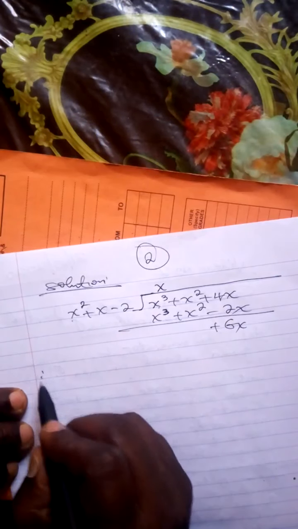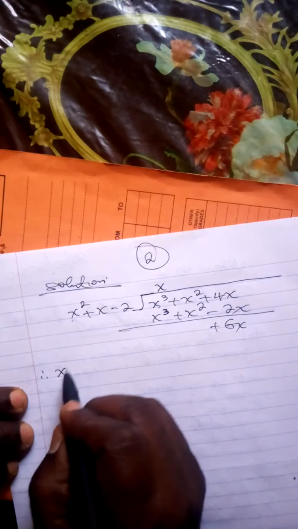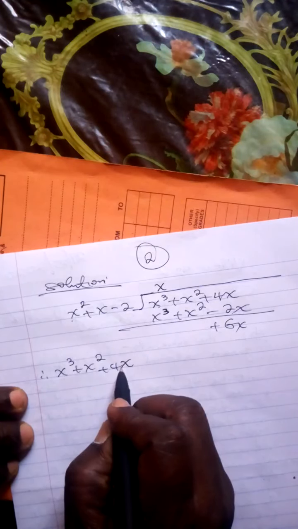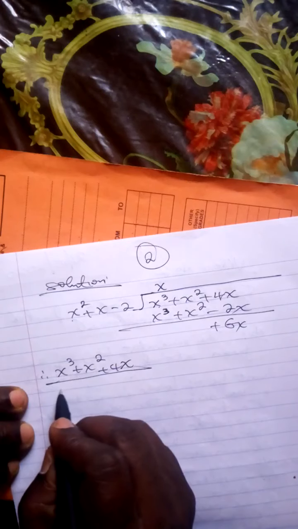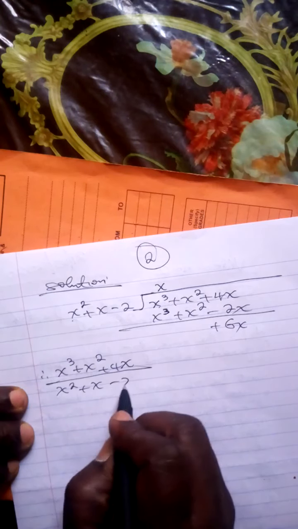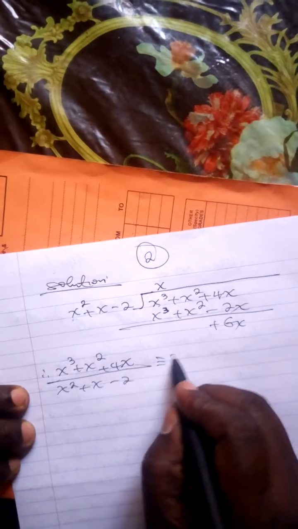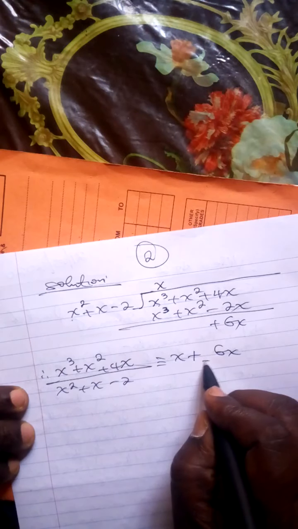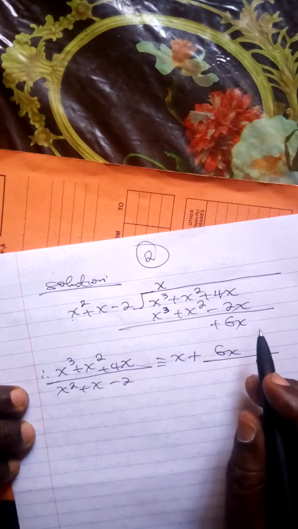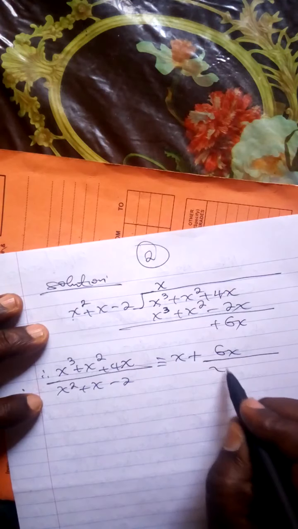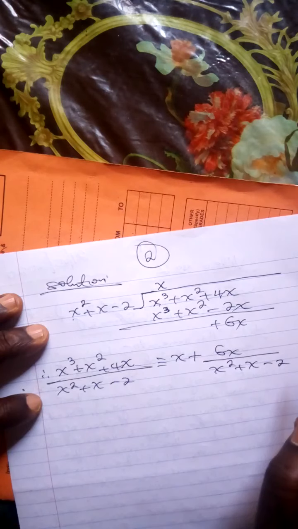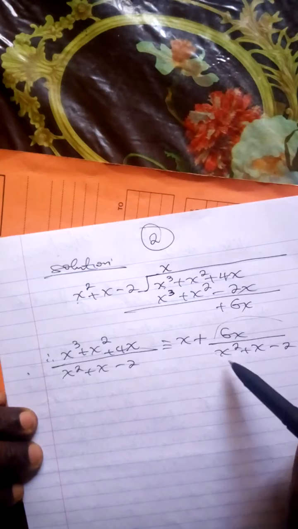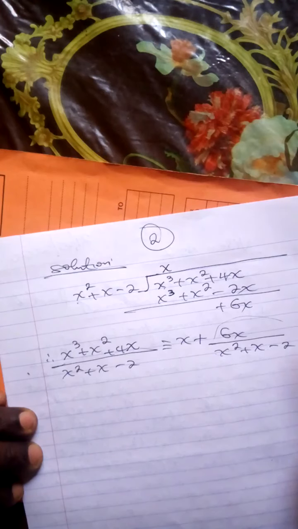It means that x cubed plus x squared plus 4x over x squared plus x minus 2 is equivalent to x plus 6x, which is the remainder, over the divisor, which is x squared plus x minus 2. So it is this 6x over x squared plus x minus 2 that you now resolve into partial fractions.